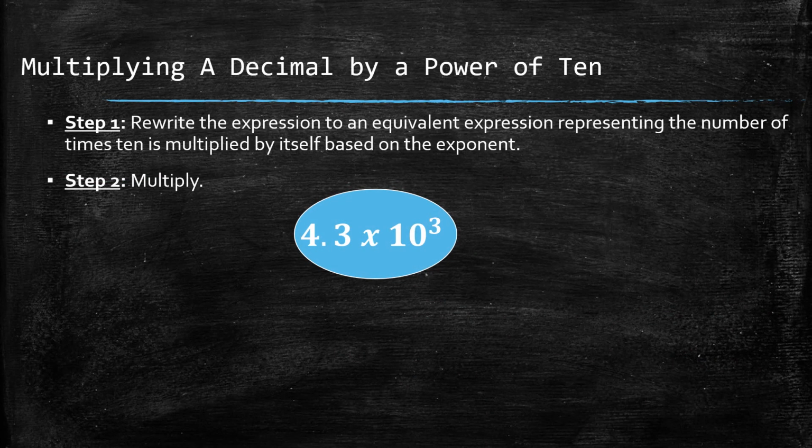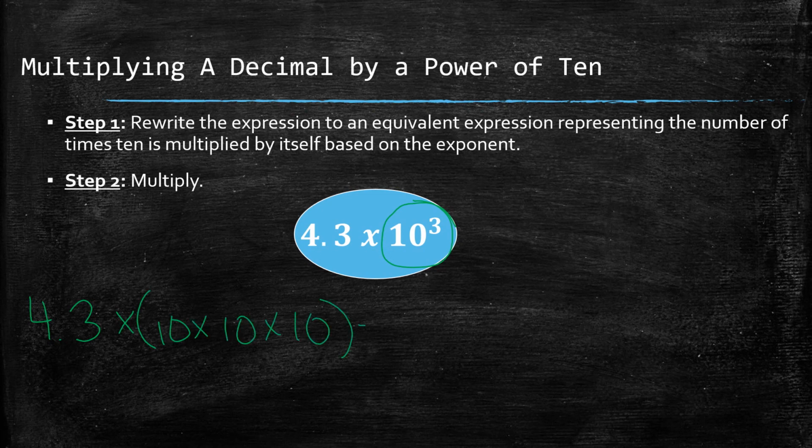Multiplying a decimal by a power of 10 is similar to multiplying a whole number by a power of 10. They're the same steps. We have step 1, which is rewrite the expression to an equivalent expression representing the number of times 10 is multiplied by itself based on the exponent. Our exponent is 3 this time, so we're going to have 4 and 3/10 times 10 times 10 times 10.